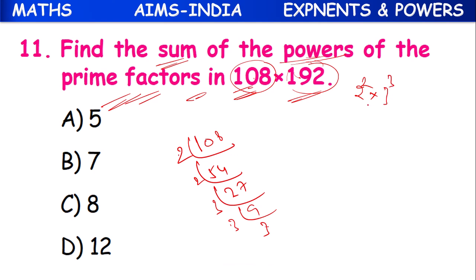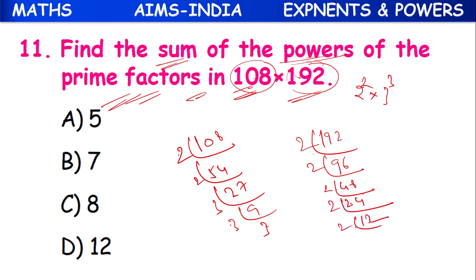Next, 192. If we divide by 2, we get 96. 2 into 96, 2 into 48, 2 into 24, 2 into 12, 2 into 6, 2 into 3. So 2 repeated 6 times and 3 repeated 1 time.